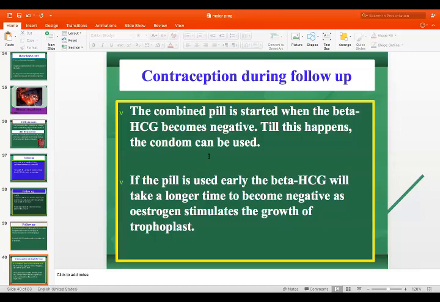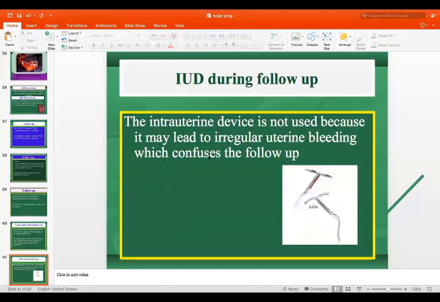So the choice is barrier method till the beta HCG becomes negative. Then we can switch over to OCPs. IUCD is not inserted after a molar pregnancy because of irregular bleeding.